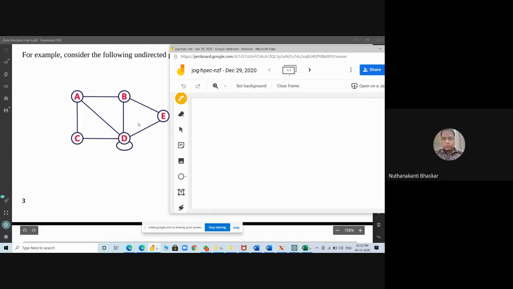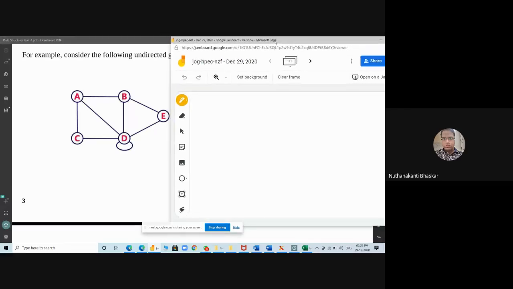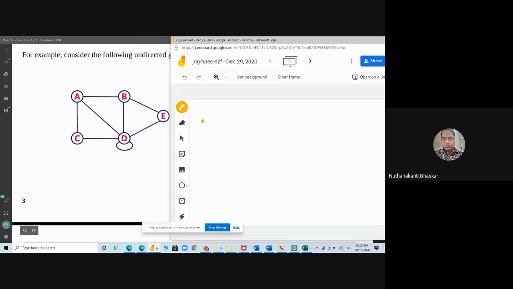Then what is the size of the matrix? 5 by 5. Please don't answer blindly. Please observe exactly what I am going to explain. It is a 5 by 5, correct? Yes, sir. The matrix representation is 5 by 5.